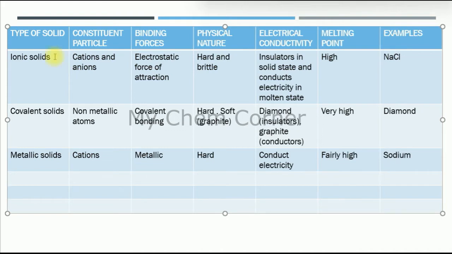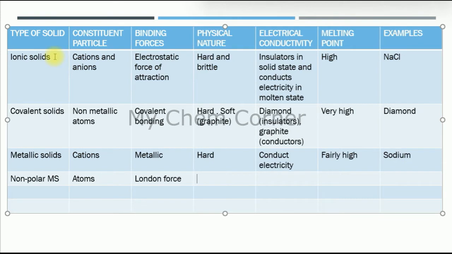Now the next one is molecular solids. Under molecular solids we learned non-polar molecular solids. In the non-polar molecular solid, we have atoms as constituent particles. The binding force here was London forces.